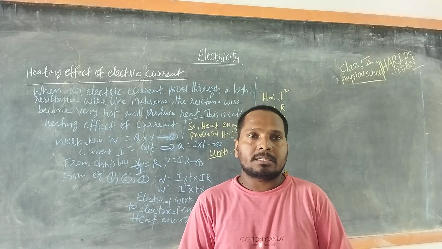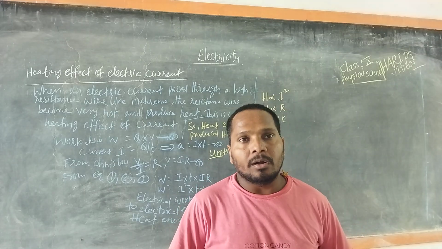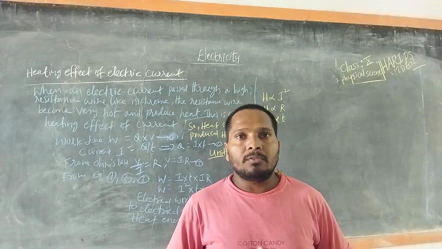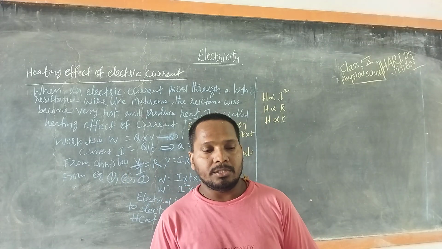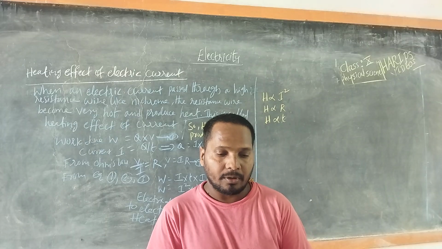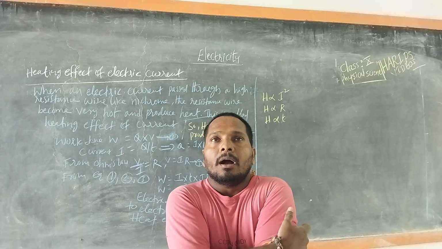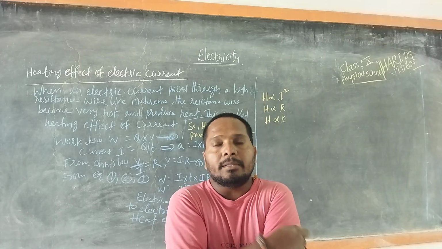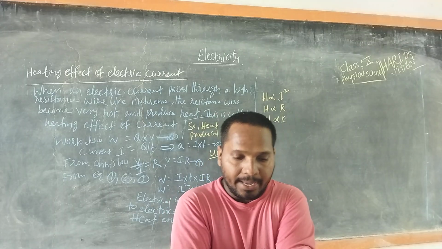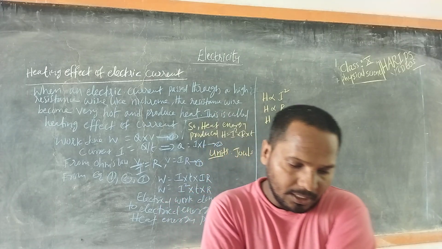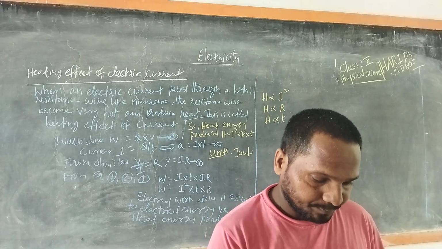In this case, such kinds of electrical appliances convert the electrical energy into heat energy, because the heating elements are made up of highly resistive material, a material which has high resistance, like nichrome, tungsten, etc. So this is about heat energy.